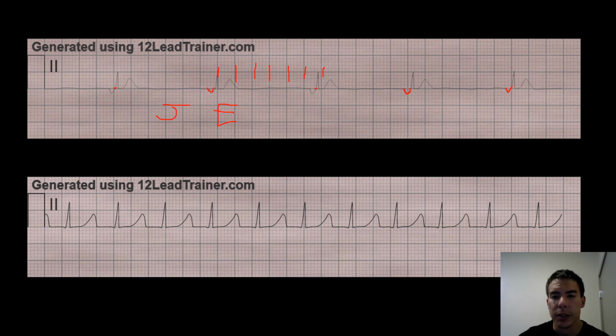Alright, the next one, it is regular rate going from right here, 300, 150, 100. P waves, I do not see any in here. So we'll go on to our intervals. We can't get a PR interval because we don't have P waves.